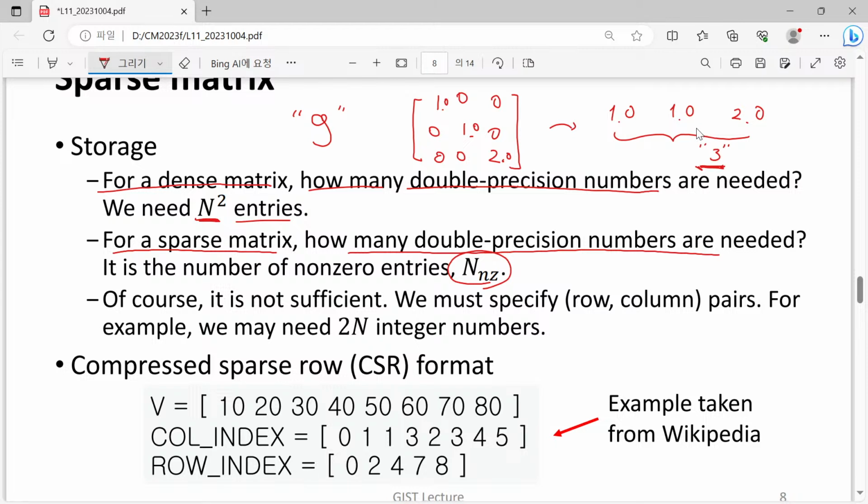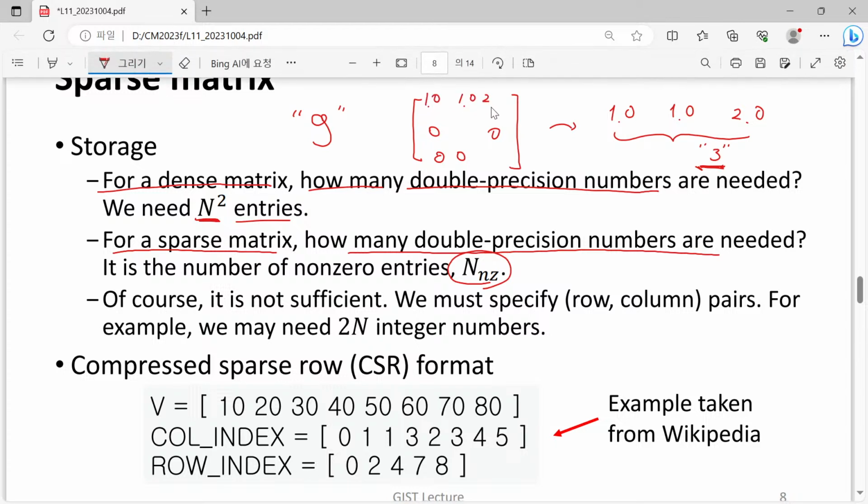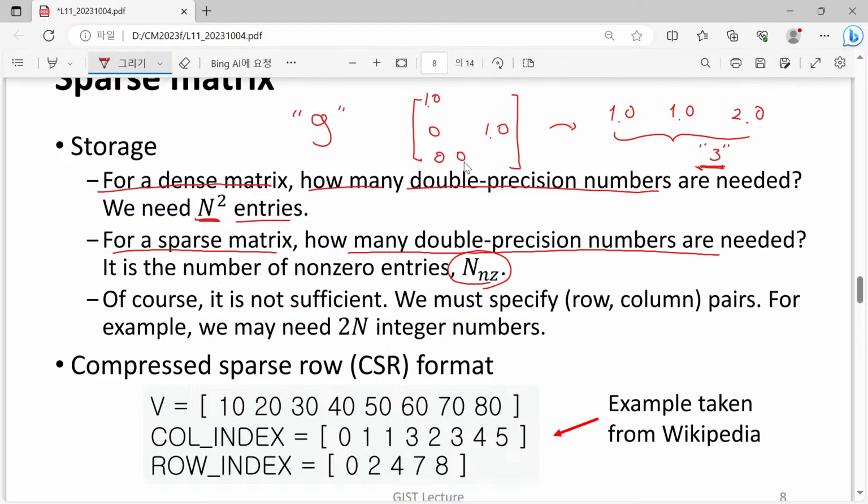Of course, your natural question is, from this 1.0, 1.0, and 2.0, how can we reconstruct this original matrix? That is a natural question. For example, if we have 1.0, 1.0, 2.0, then one possible realization of this matrix is this one. Or sometimes you can say 1, 2, 0.